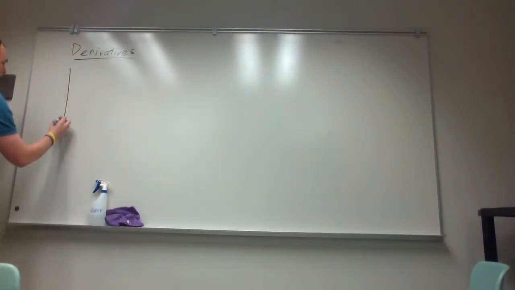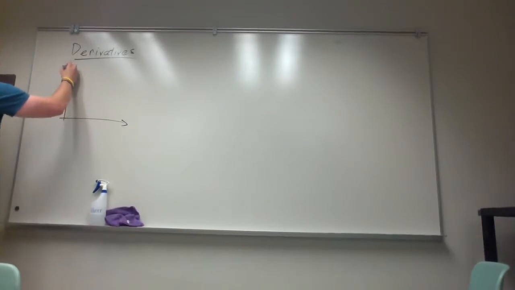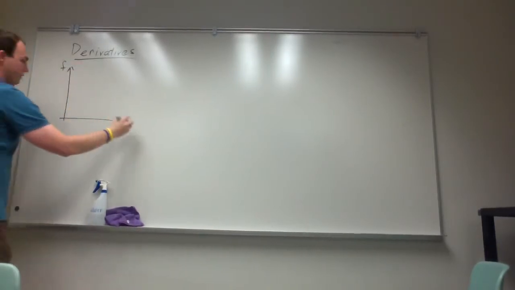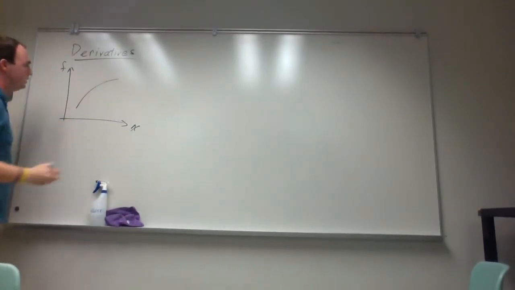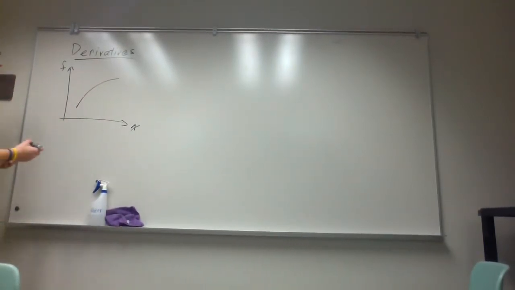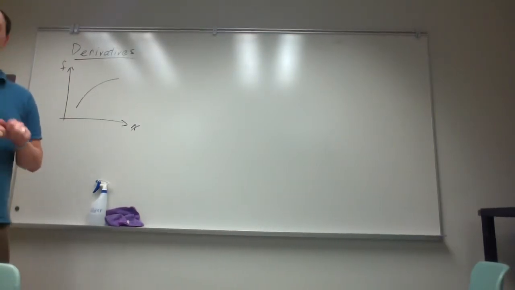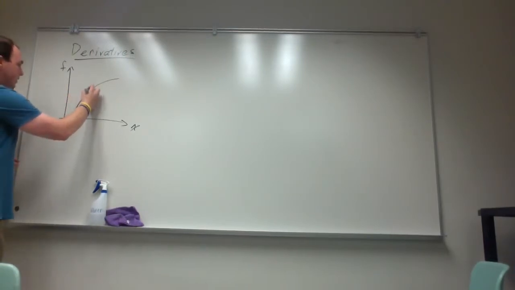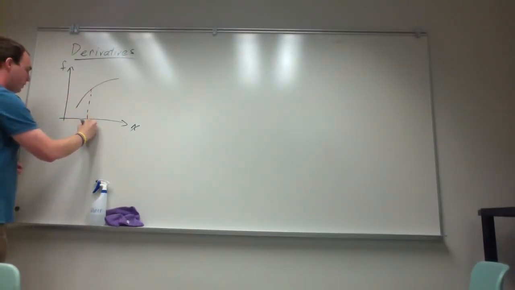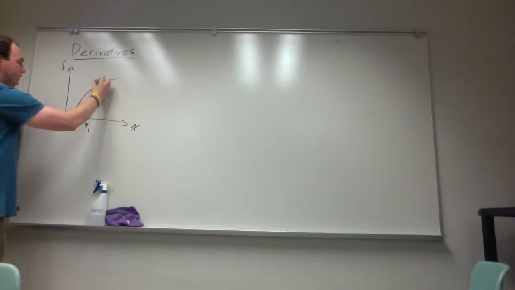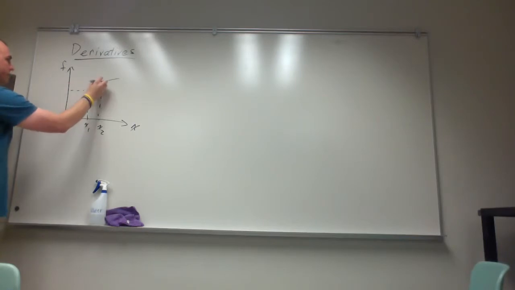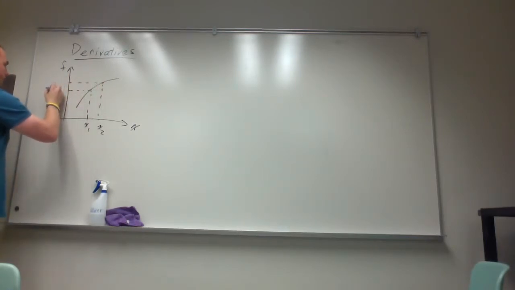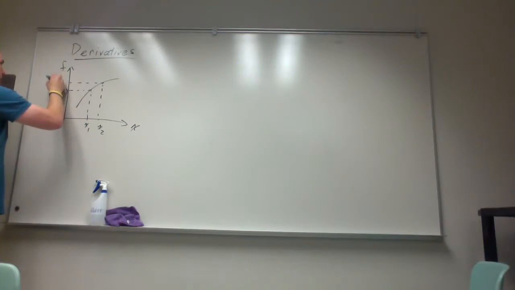So if I have just some generic function f that's a function of x, and I have, so it has a curve like that, then if I say, okay, the value at some x1 is this, and the value of some x2 is that, right? So here's f of x1, here's f of x2.